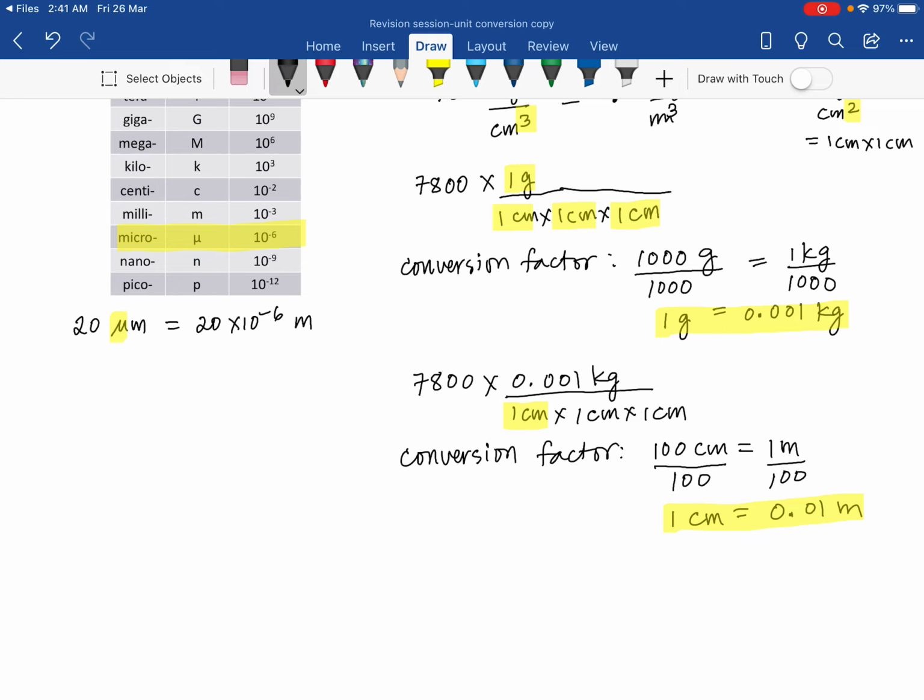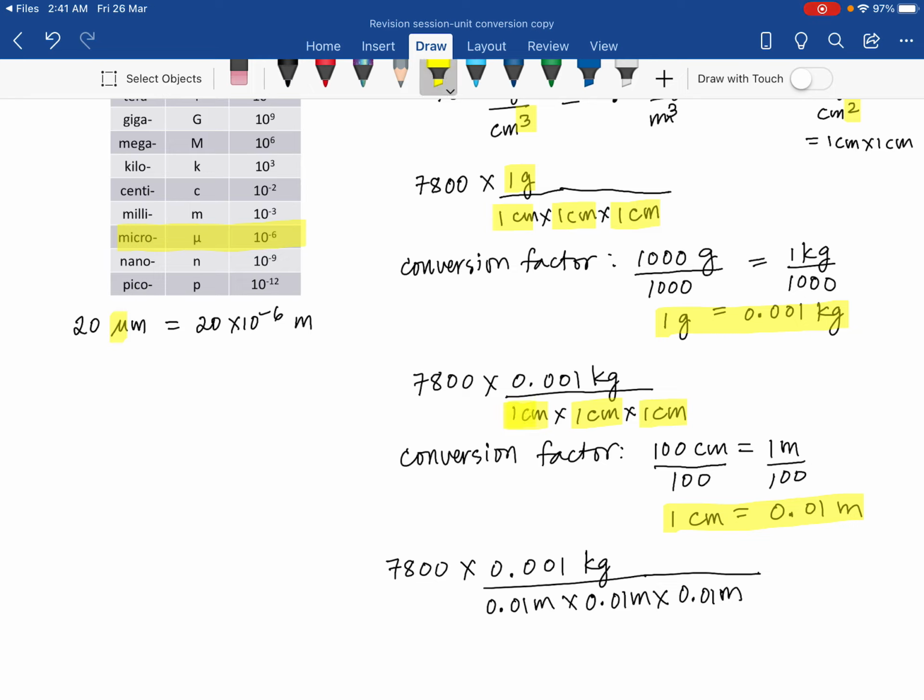So we can now replace centimeters in this equation. So we have 7,800 times 0.001 kilograms divided by 1 centimeter is equal to 0.01 meter. But we have to do that 3 times because there are 3 units of centimeters that we need to convert. So we need to convert each of these centimeter units into meters.